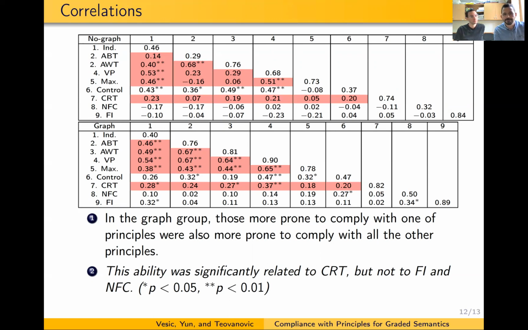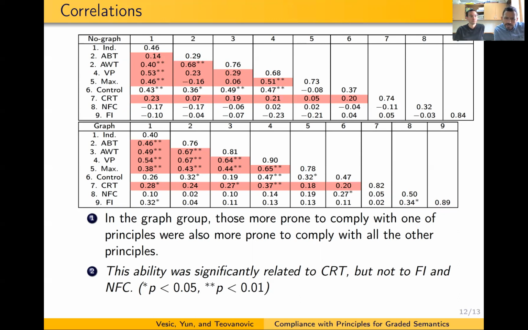So basically, when people are presented with the graph, their responses are based on much more solid ground. The reliability of their responses is higher, and the correlations with measures of compliance with the other principles are also higher.